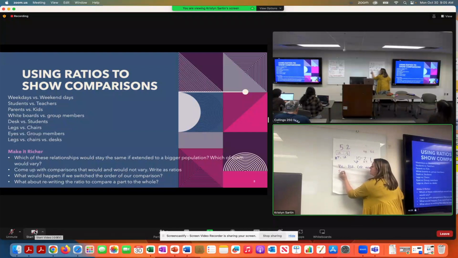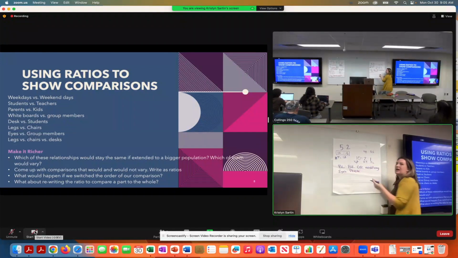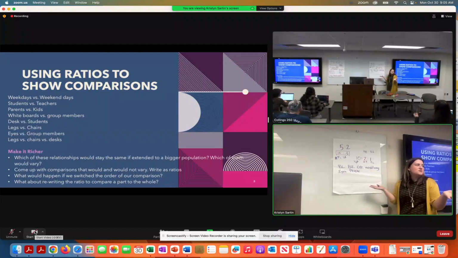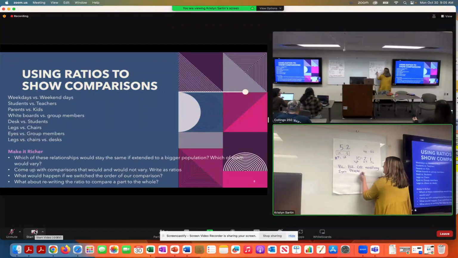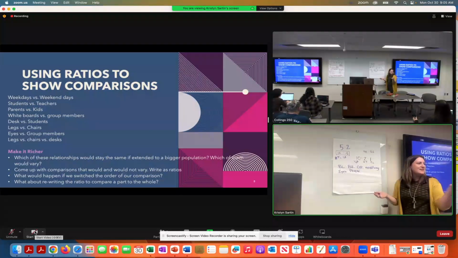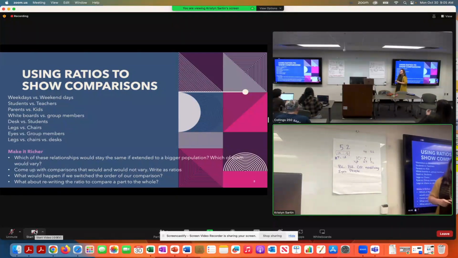So eyes compared to people. I mean, your 14-year-olds are going to be like, some people don't have 2 eyes, some people lost an eye. I mean, that's going to happen, right? Yeah, that's going to happen. Okay. So some of these will vary, and you can extend it to a bigger set, and the relationship between them is going to stay the same, right?